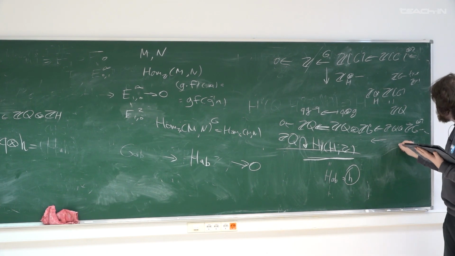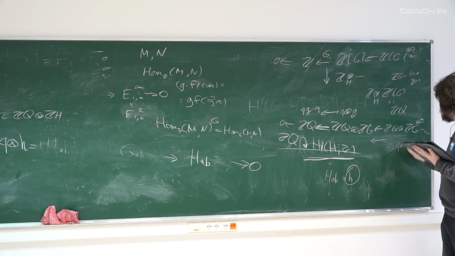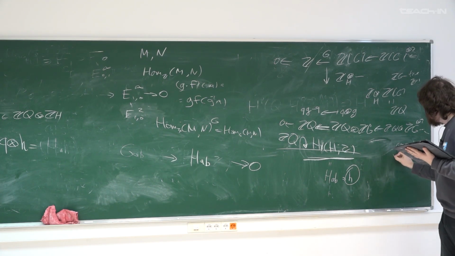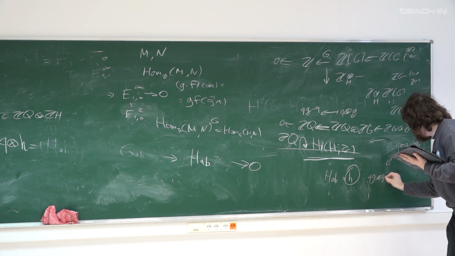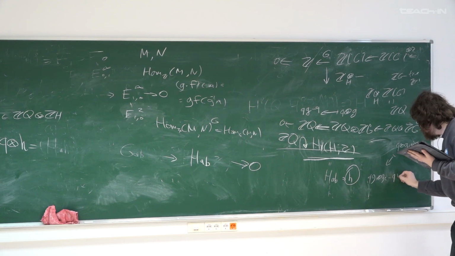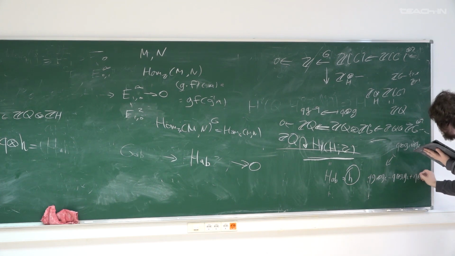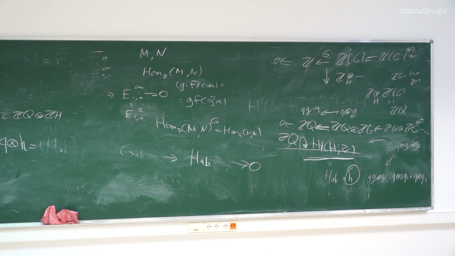Here this map goes Q tensor G1 tensor G2 to Q G1 tensor G2 minus Q tensor G1 G2 plus Q tensor G1, as always in the bar resolution. And from this we obtain the following thing, if Q is 1, for example.